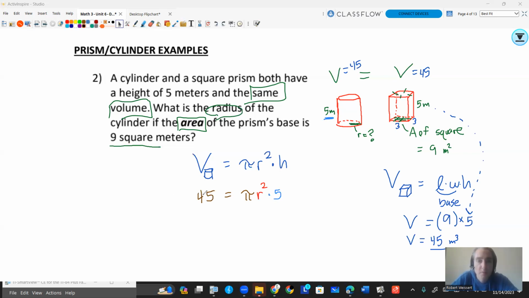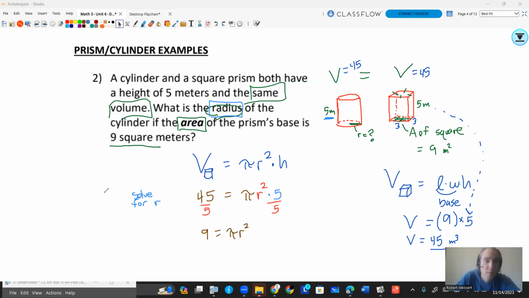So we're going to solve this for r. The question says, what is the radius of the cylinder? That's what we're solving for. So let's divide out. I'm going to get rid of this 5 first. 45 divided by 5 is going to give you 9. Our next step is to get rid of that pi.